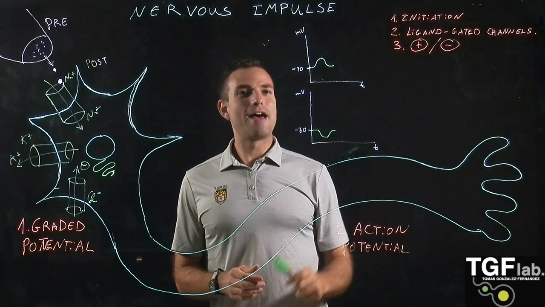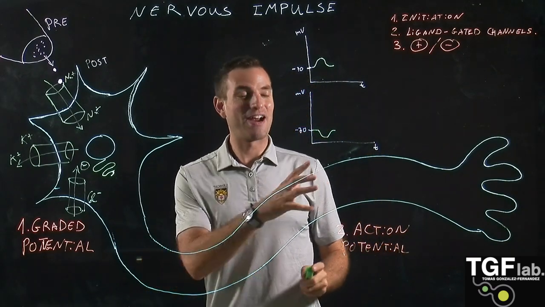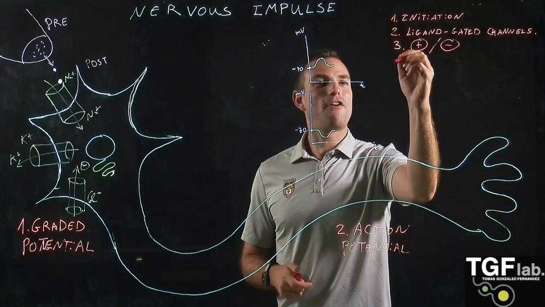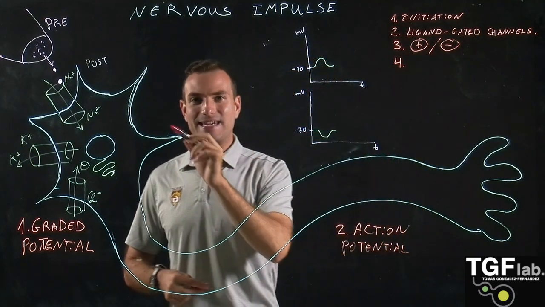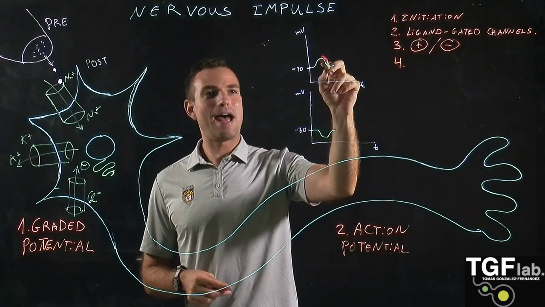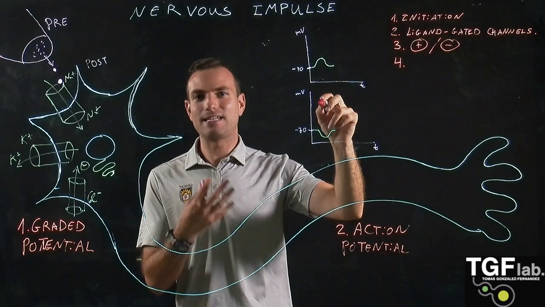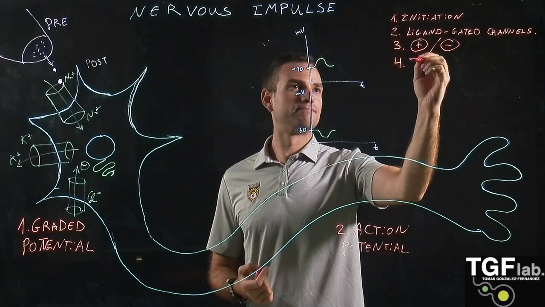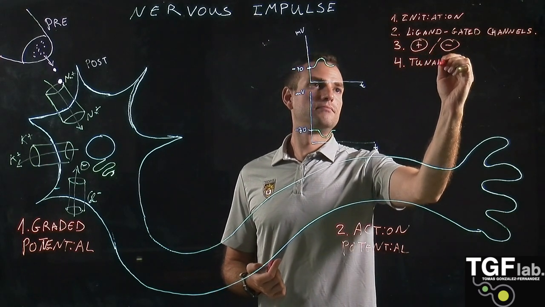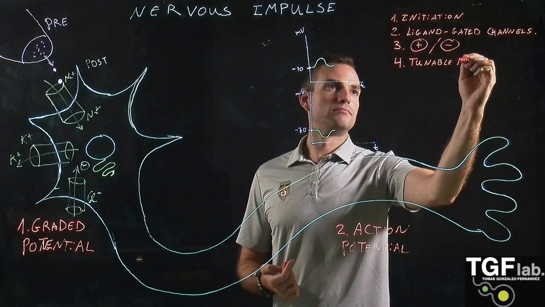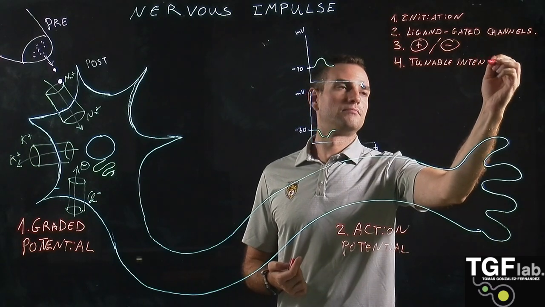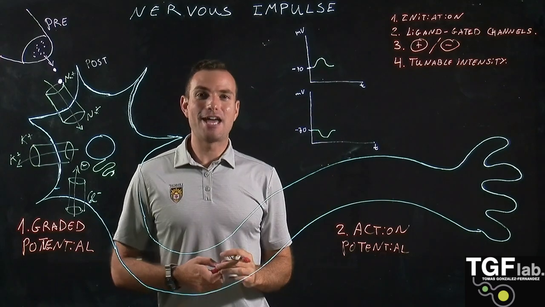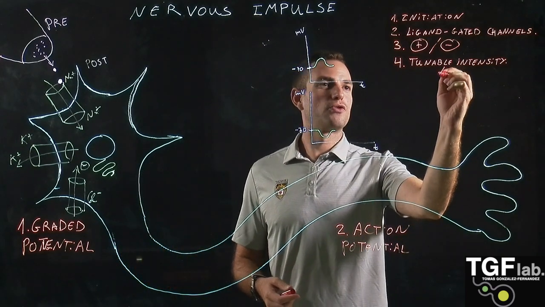So those are the first three characteristics. Let's continue. The other characteristic is that the intensity, how positive or negative this graded potential is going to be, is tunable. We can regulate intensity, and there are two ways of regulation.